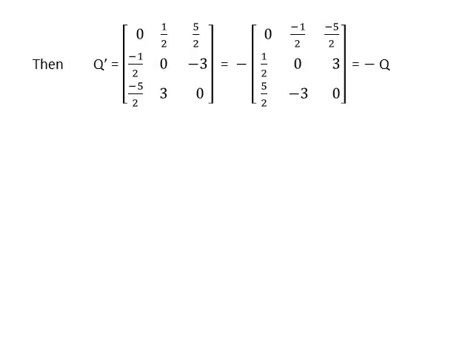Now take the transpose of matrix Q, which we obtain by interchanging rows and columns of matrix Q. Here we observe that the transpose of matrix Q equals the negative of matrix Q. So Q is a skew symmetric matrix.